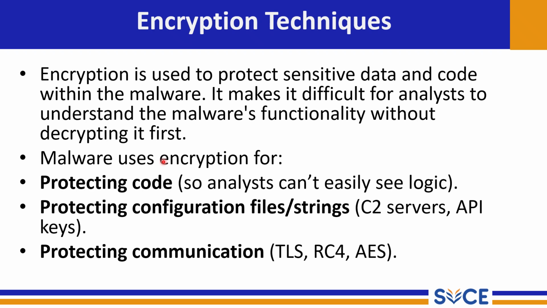And next, memory allocation and management. Malware often uses memory allocation functions to create space in memory where the unpacked code will reside. For example, VirtualAlloc. This function reserves, commits, or changes the state of a region of pages in the virtual address space of the calling process.